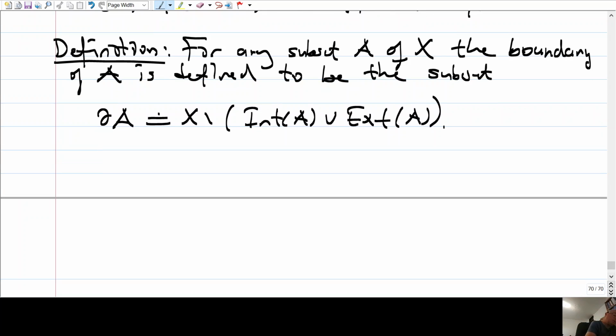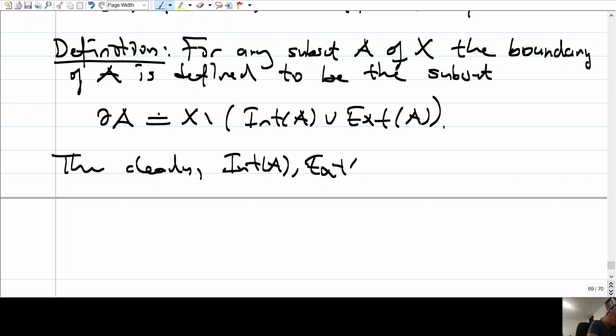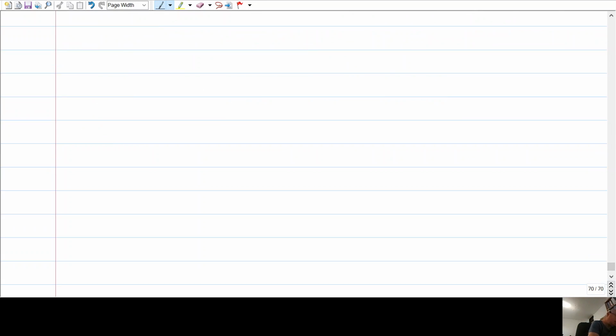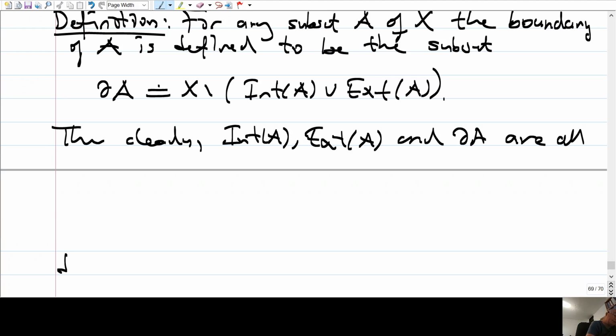So the first observation is that clearly interior A, exterior A, and boundary A are all disjoint. These are disjoint subsets.